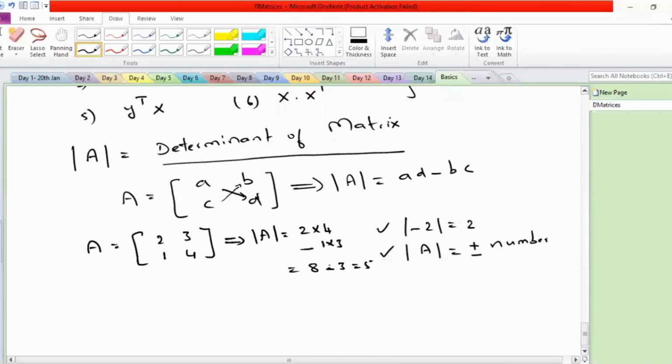However, one very important definition that you need to remember when we talk about determinant of a matrix is that determinant of matrix, modulus A, is possible if and only if A is a square matrix.